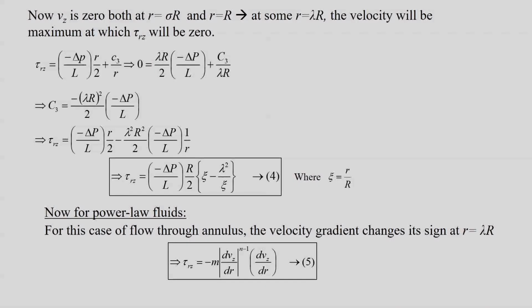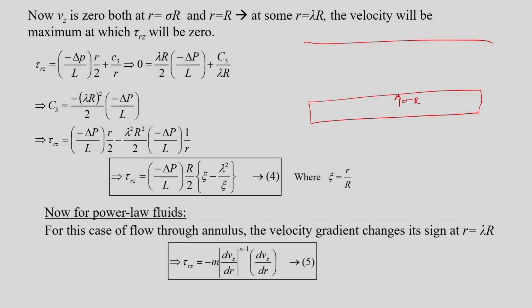Once again, if you draw the geometry, this is your inner cylinder radius sigma R, and this is your outer cylinder radius capital R. Here we have the shear stress tau WI, that is tau rz at r equal to sigma R, which has some finite value, because at the wall the shear stress cannot be 0 if the flow is taking place.